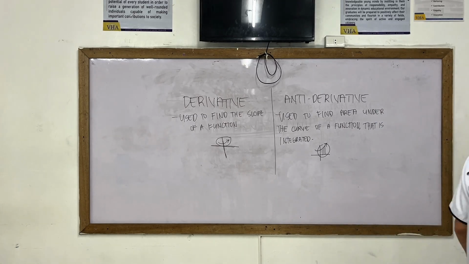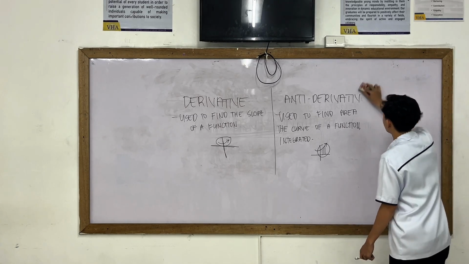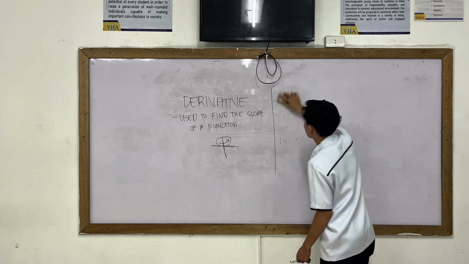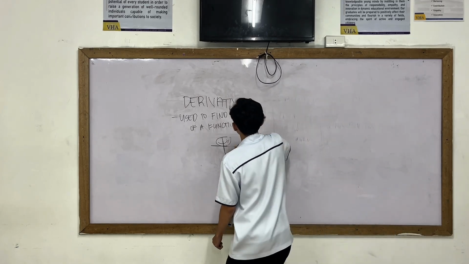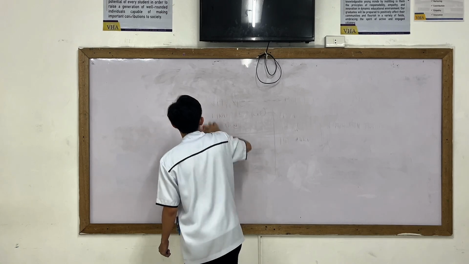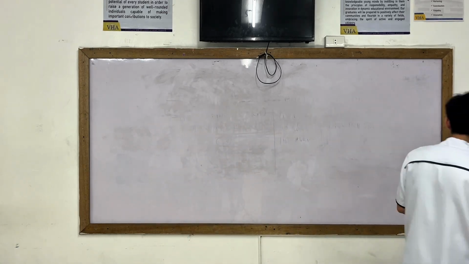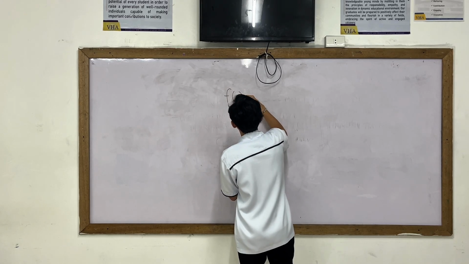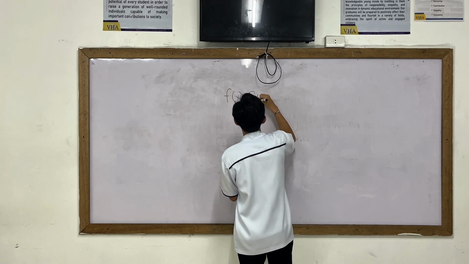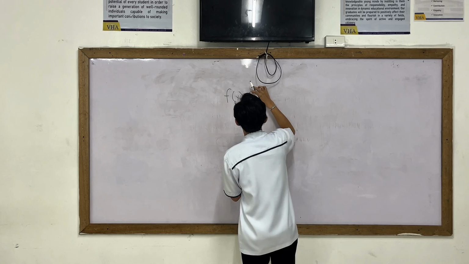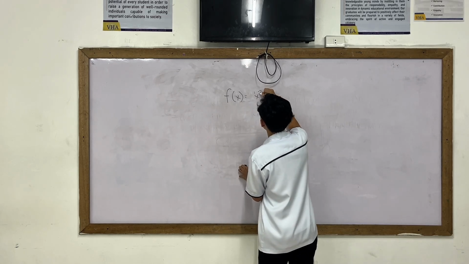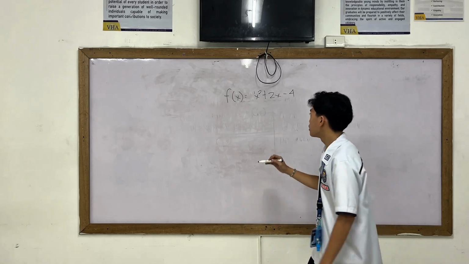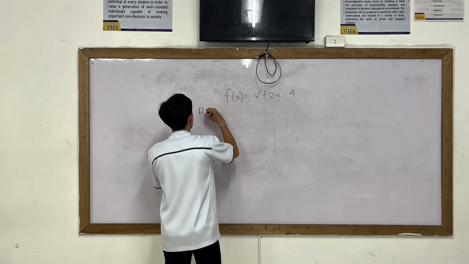So let's have an example. Let's say we have here f of x is equal to x squared plus 2x minus 4. Now, let us derive this.